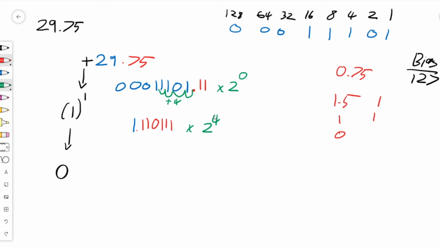Now we can start turning this into our final floating point number. First of all, we can take our mantissa, which is 110111. Again, the mantissa is everything in this number to the right of the decimal point. And now we can work out our exponent. Again, our exponent will be our bias of 127 plus the number found here, which will equal 131. So now we need to work out 131 in binary.